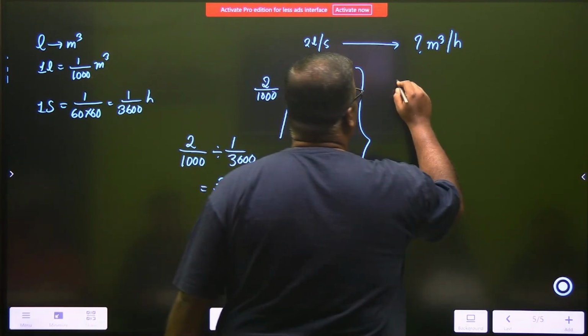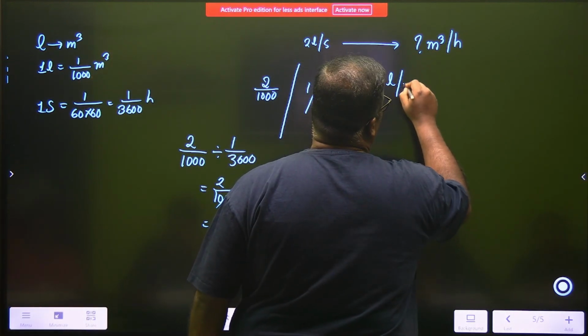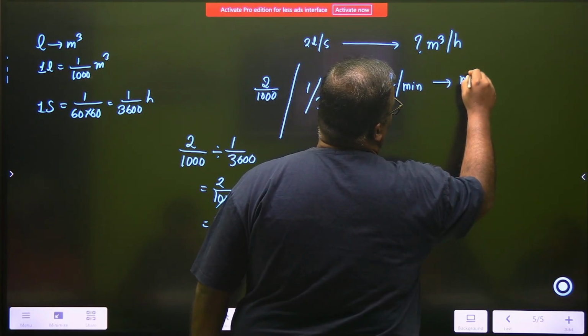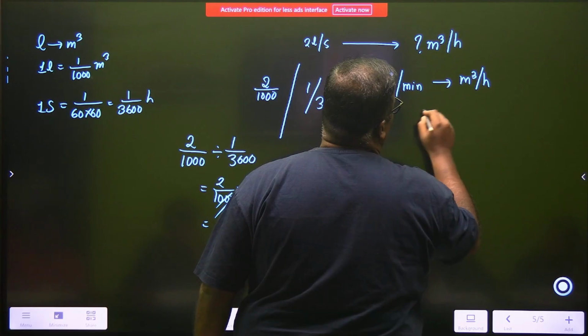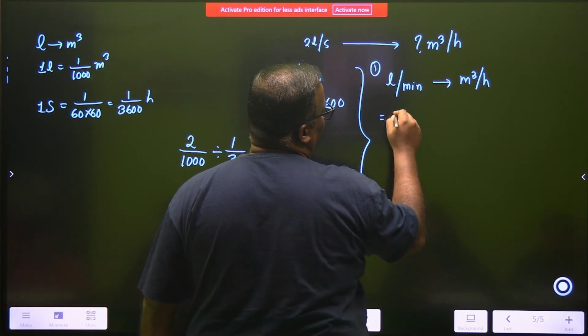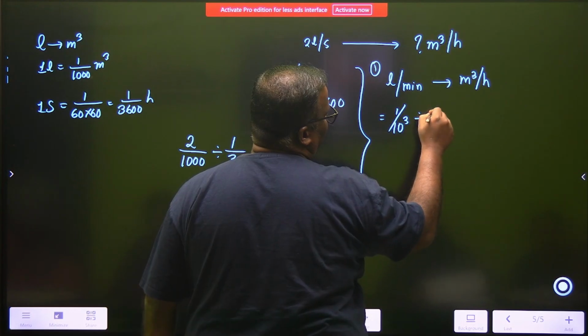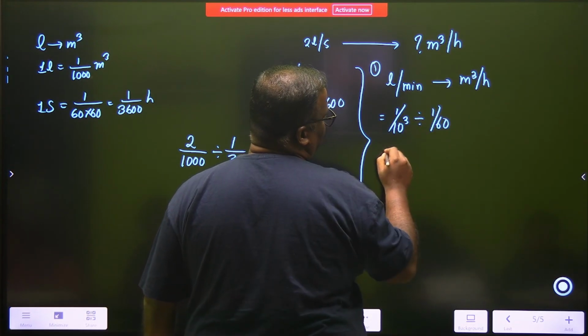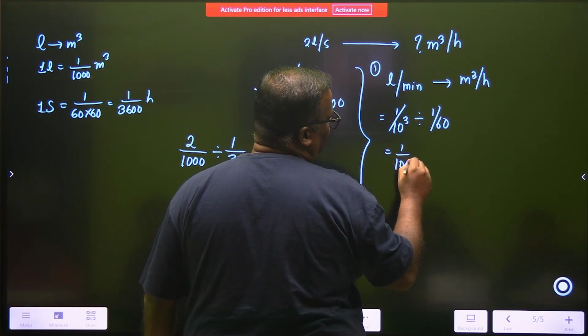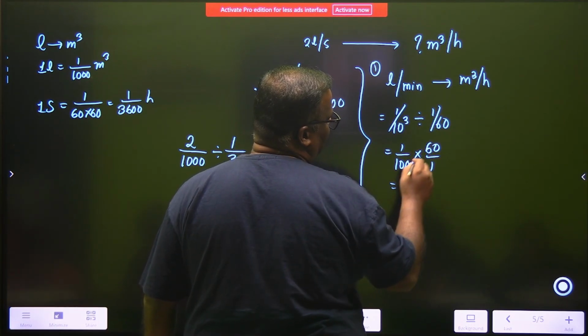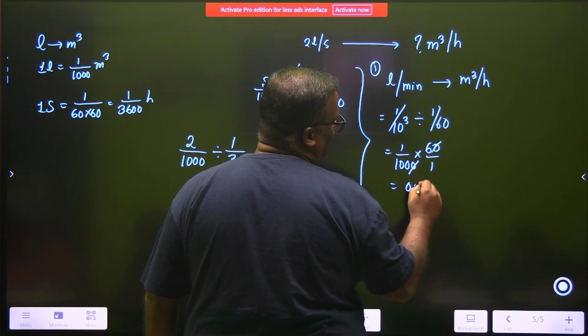We want to convert liter per minute. Our first conversion is liter per minute to meter cube per hour. चलो लीटर कितना हो गया? 1 by 10 to the power 3 divided by 1 by 60. So 1 by 1000 into 60 by 1 is 0.06.